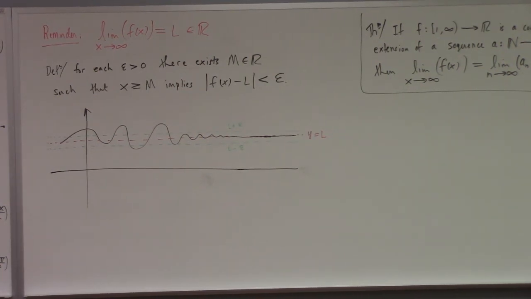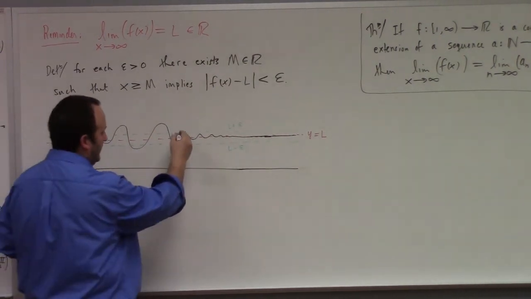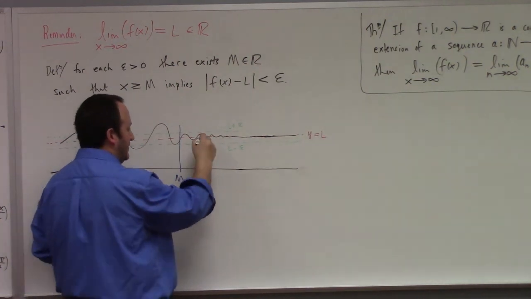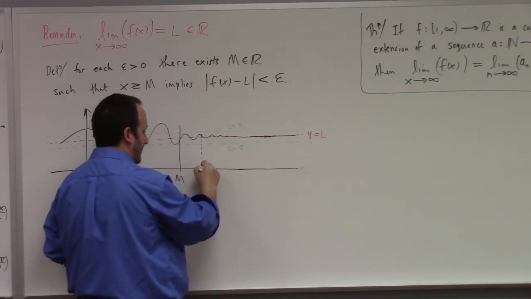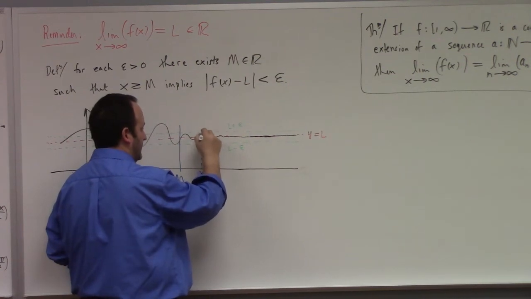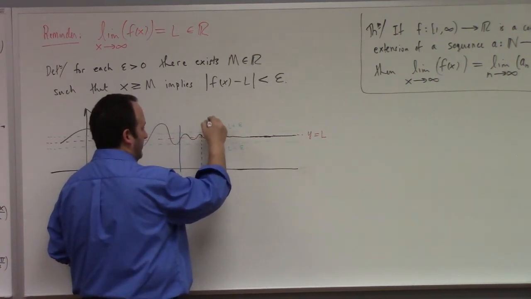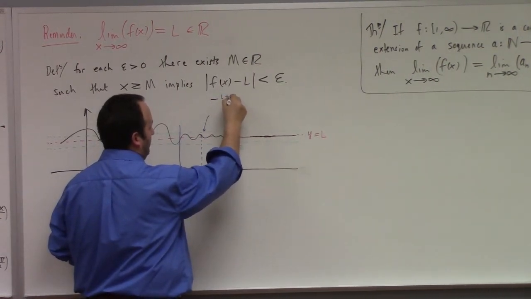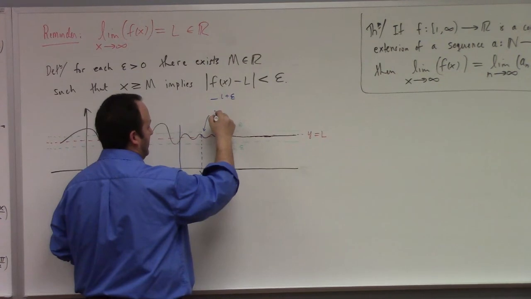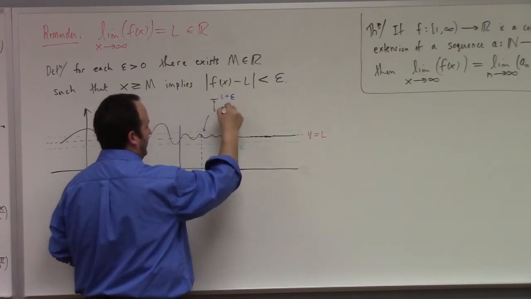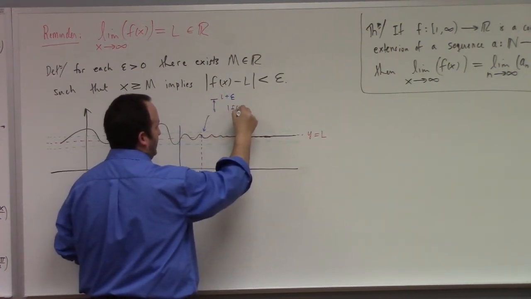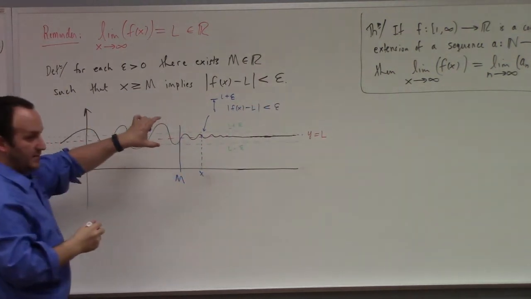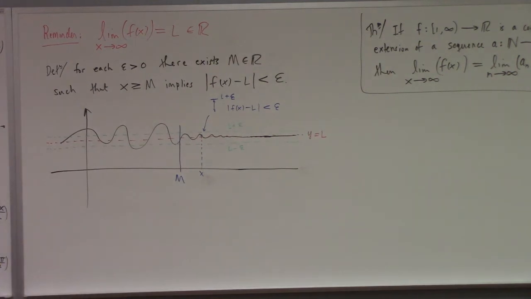Somewhere in here would be a legit choice of M. If we look at any x out here, it's hard to see, but if you blow it up, this distance right here would be the value of f of x minus L, and that would be less than epsilon, because epsilon is the distance between the center red line and the upper green line.